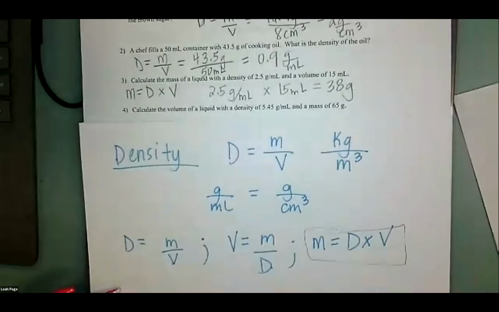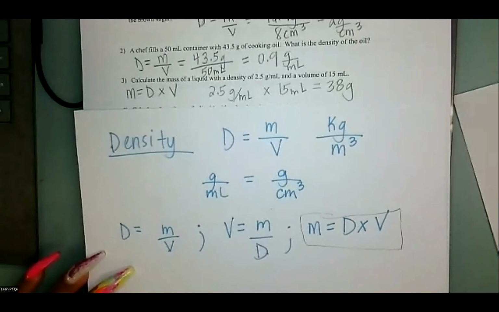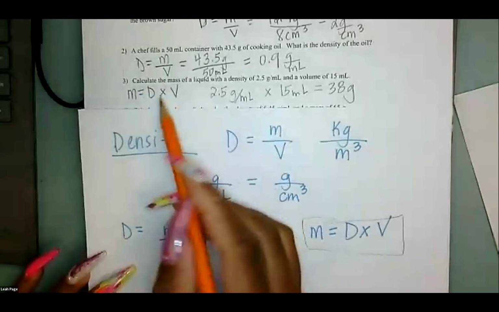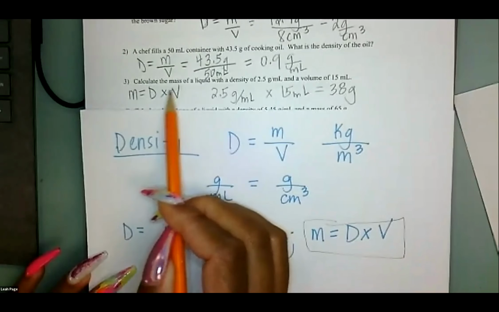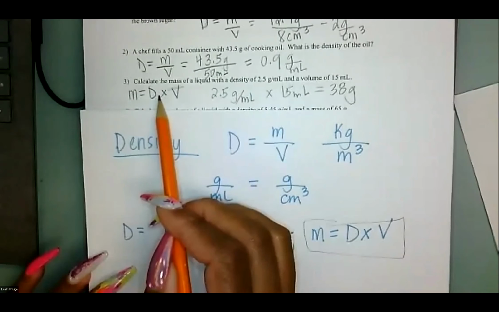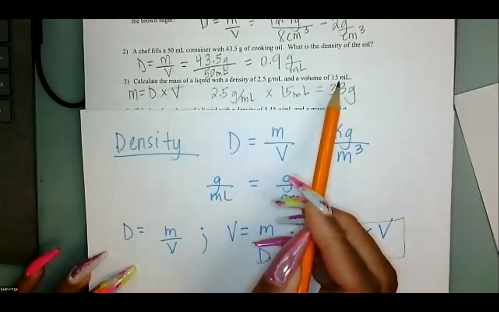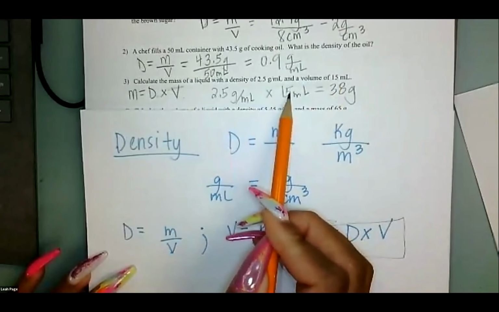Professor, can you go over that problem a little bit slower, please? Yep, so we have mass equals density times volume, because that's what we're looking for. The density is 2.5, so I put 2.5 in for D. The volume is 15, I put that in for V. I multiply these numbers together.